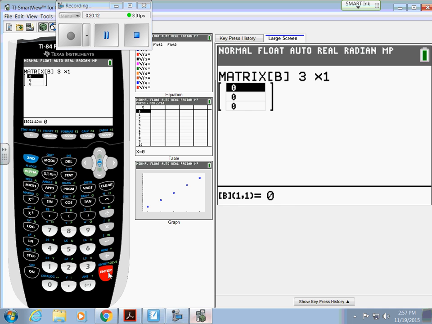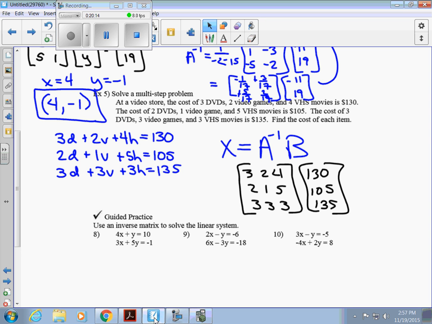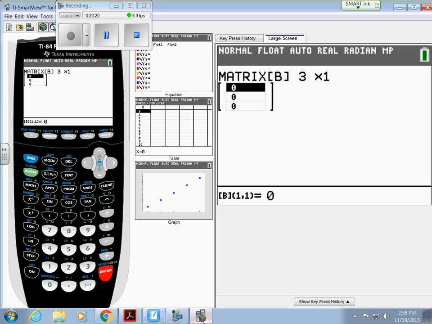And if we look at those, it's going to be 130, 105, 135. And so now what we are going to do is multiply the inverse of A times B.